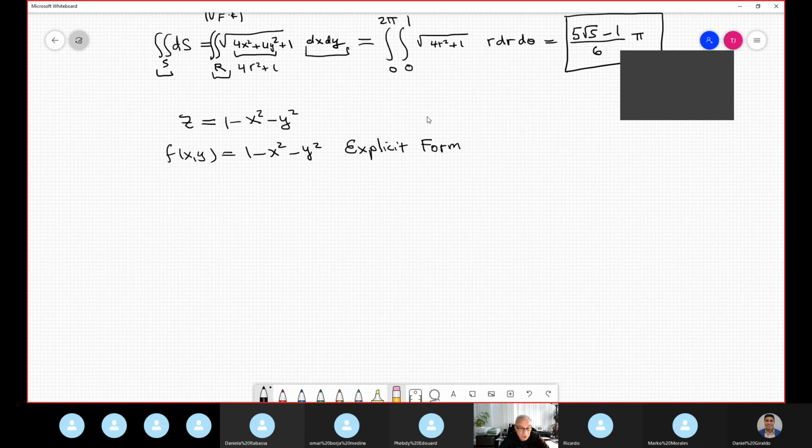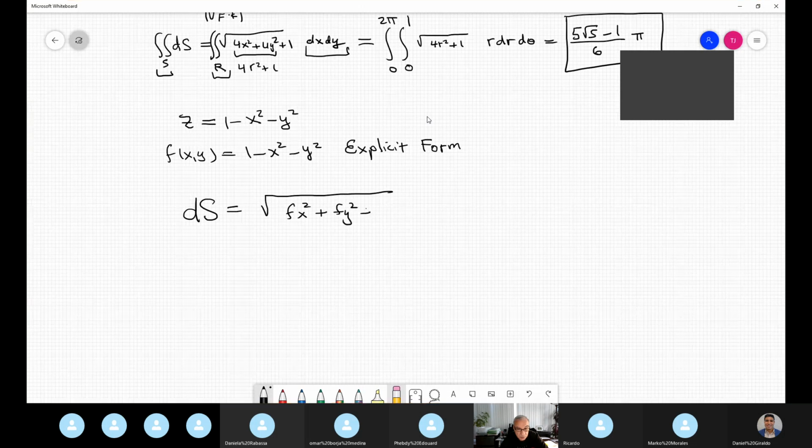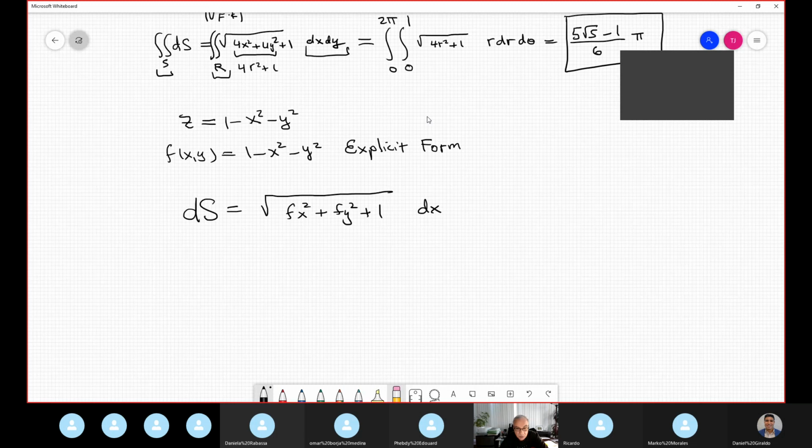So the formula for the explicit is something like that. ds is the square root of f sub x squared plus f sub y squared plus 1 dx dy. There are different formulas, no? Depending on the projections. You're projecting onto the xy plane, or you're projecting onto another plane, but in this case the xy plane, because the problem talks about the surface above the xy plane.